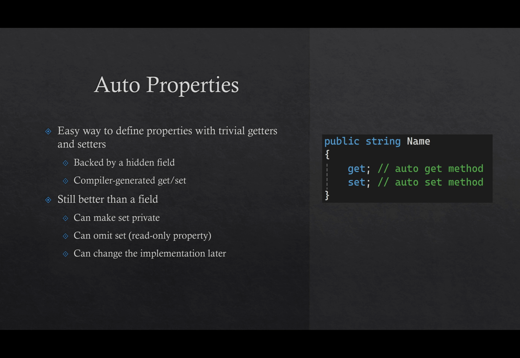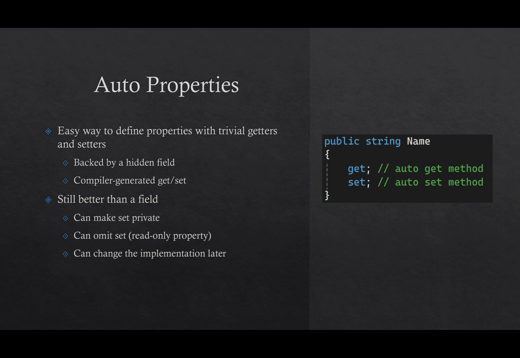So on the right-hand side here, we have an equivalent property to the one we had before. It has type string, it's called name, and then inside we have the get and the set methods, but instead of having curly braces, we just say get semicolon. That means that this is an auto-generated get method. The compiler generates a get method for us, and likewise for set.